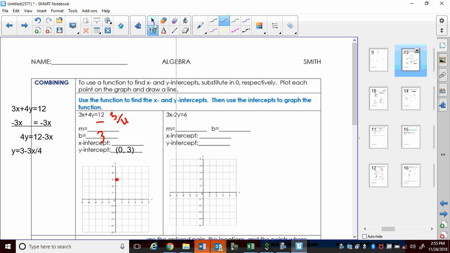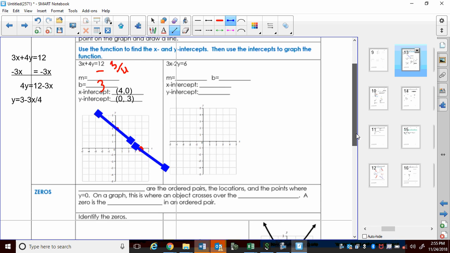And then I go down 3, right 4, and make a point. And my x-intercept is at 4 comma 0. I can make my line at this point, and it looks something like that.